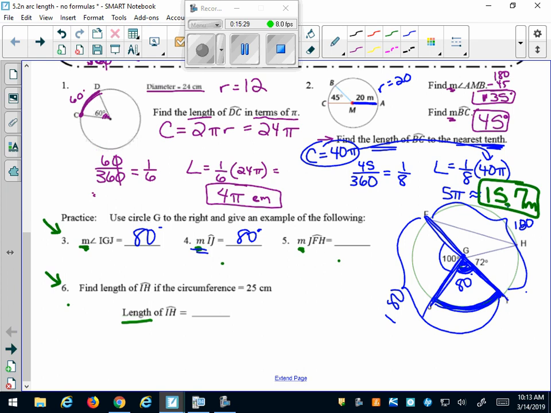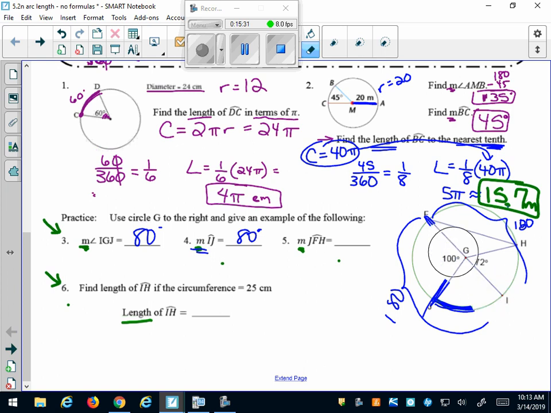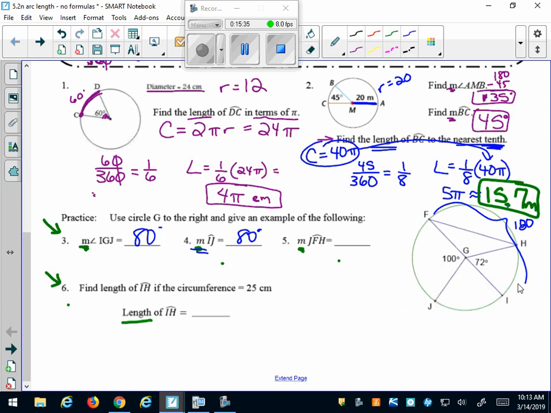Now, the measure of arc JFH. If it's an arc, we have to go along the circle. Start at J, go through F, end at H. This is a major arc. It's got 3 letters naming it, right? So JFH is that arc right there. Well, we know from here to here is 100.